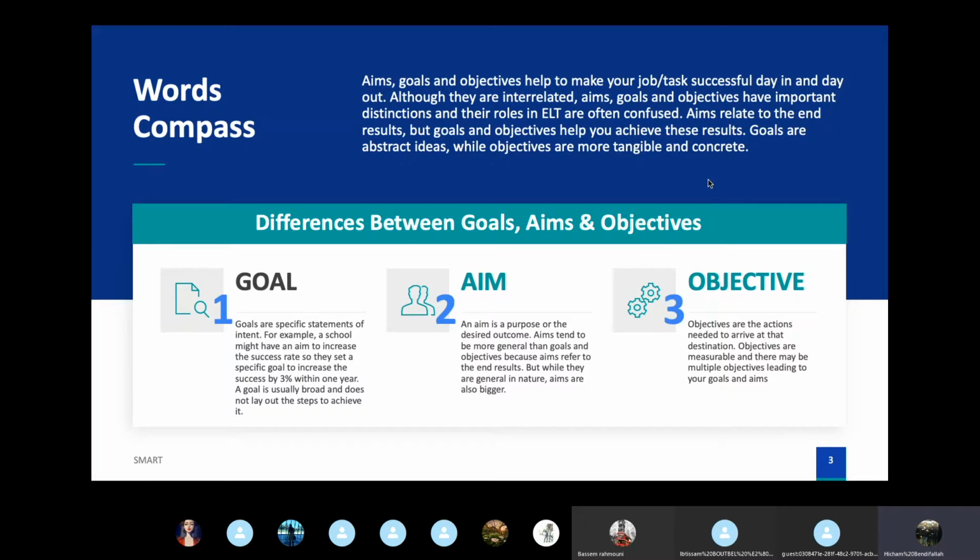Most of the time, objectives are specific and measurable, which means we cannot put an objective which is not measurable because we won't be able to track it, particularly when we are dealing with learners. And one very specific thing regarding objectives, just to understand the difference between these three concepts, is that they are very active and we need to use very strong verbs.